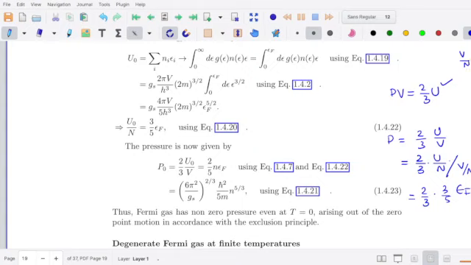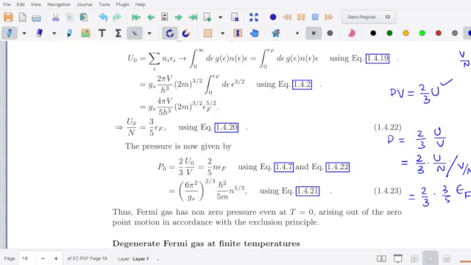So it will go upstairs and become n. So the result is 2 by 5 epsilon F times n. So that is this result.